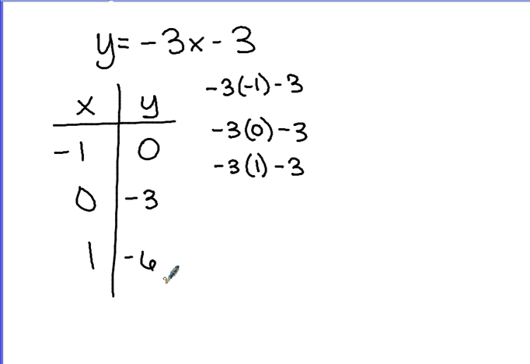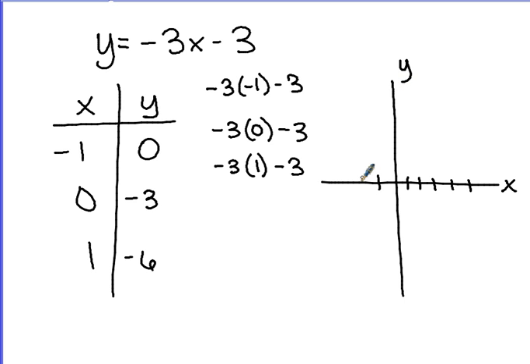The next step is to graph our ordered pairs. All right, so we're going to make our graph. Remember, x is the one right to left, y is up and down. Okay, when we're graphing, the first one we're graphing is x is negative 1, y is 0.